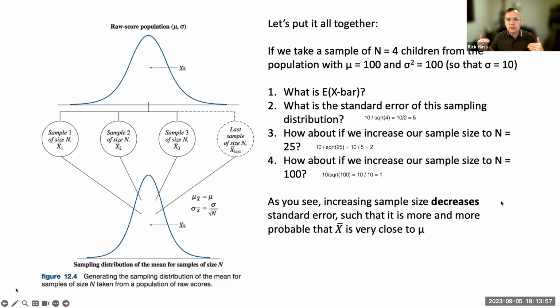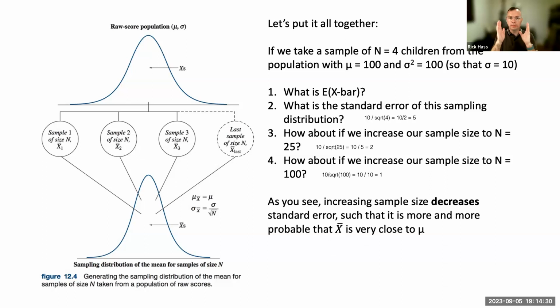As you increase the size of your sample, standard error gets smaller. What does that mean? It means that with larger and larger samples, this is just, again, another instance of the law of large numbers, right? As sample size increases, the variance or standard deviation of your sample mean is going to get smaller, which means that the probability that your sample mean is going to be far away from the population mean also gets smaller and smaller, right?